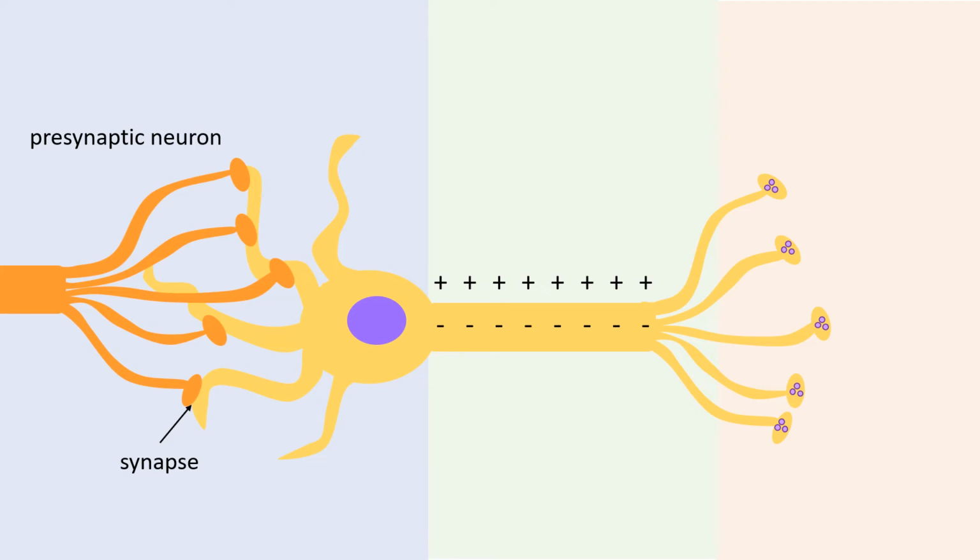And this means that our yellow neuron, we're going to call this one the postsynaptic neuron, the neuron that shows up after the synapse. Well, the region where this communication occurs, where the synapse is located, this is going to be called the receptive region. So this area in blue is our receptive region. This is where the postsynaptic neuron is going to be receiving that impulse from the presynaptic neuron.